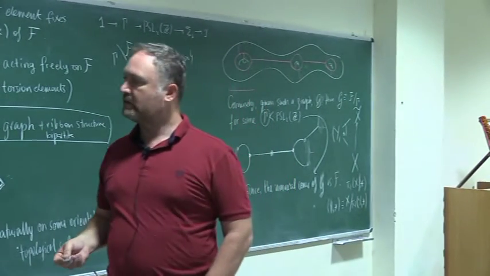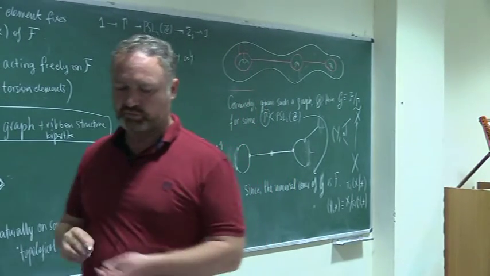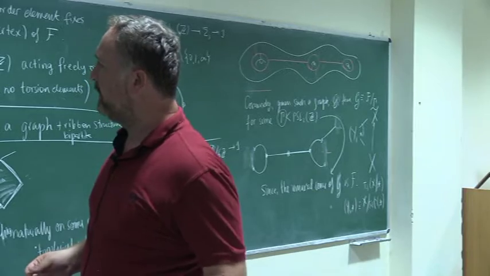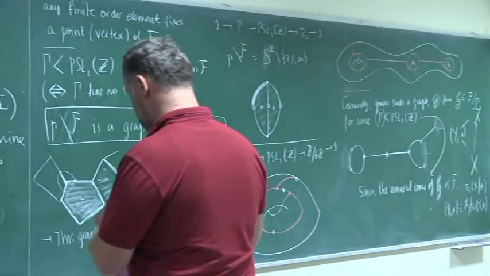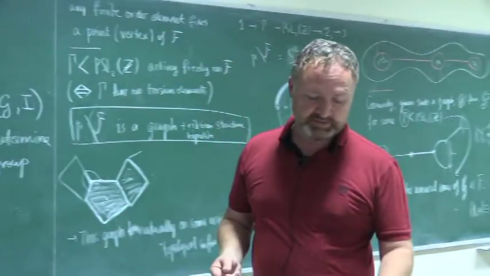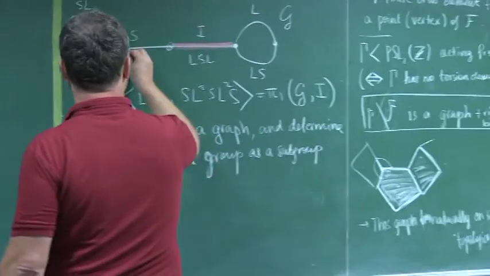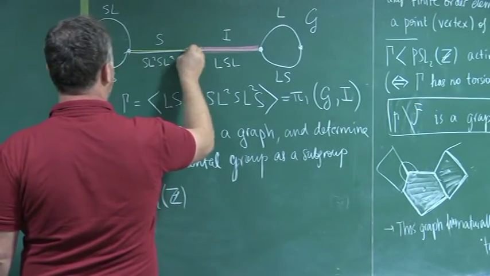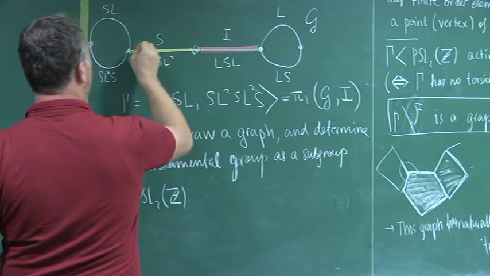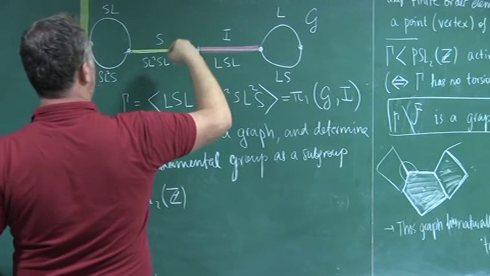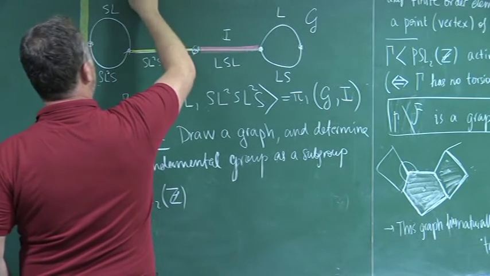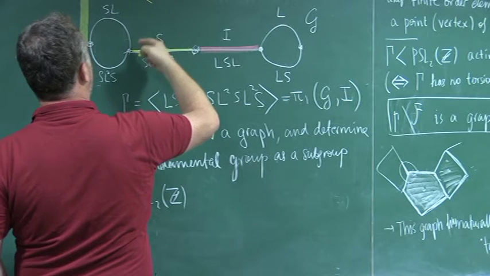What about the conjugation action on torsion-free subgroups? Well, let us here instead consider another base point. For example, this one. If I pick this base point, then if I apply the same procedure, I'm going to obtain what?